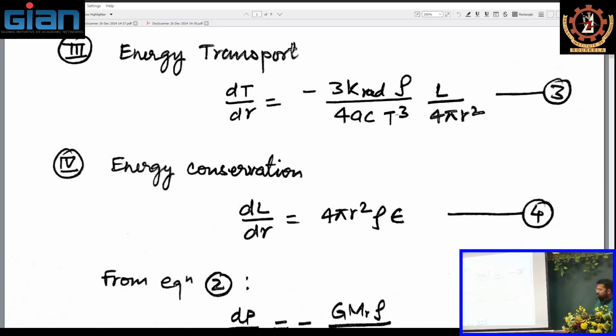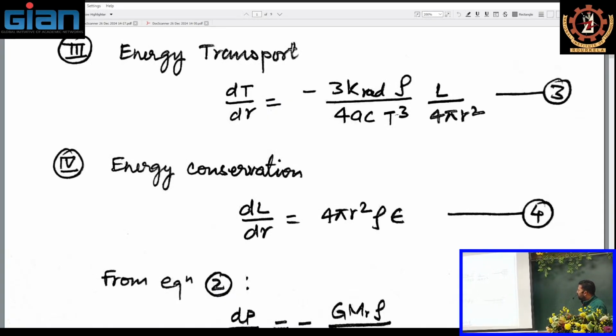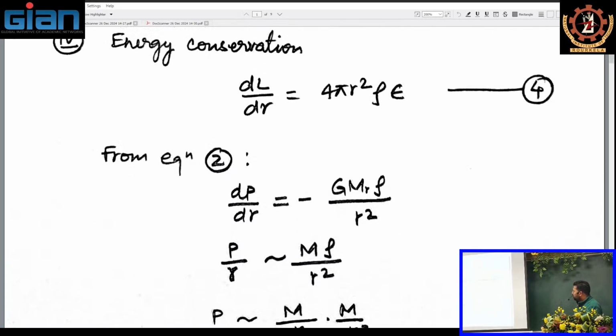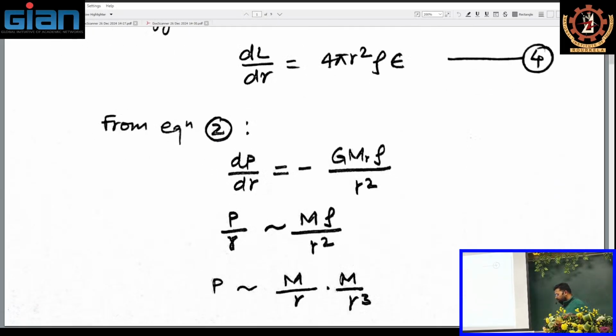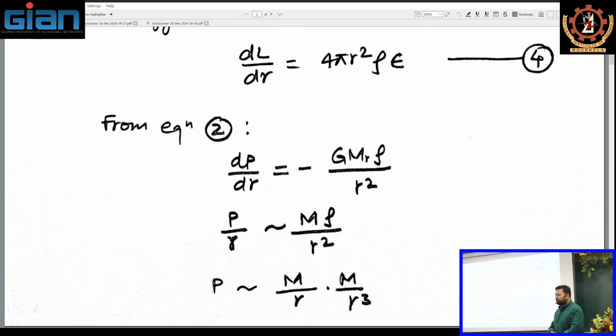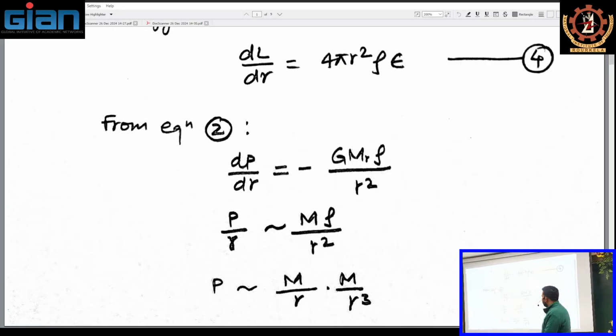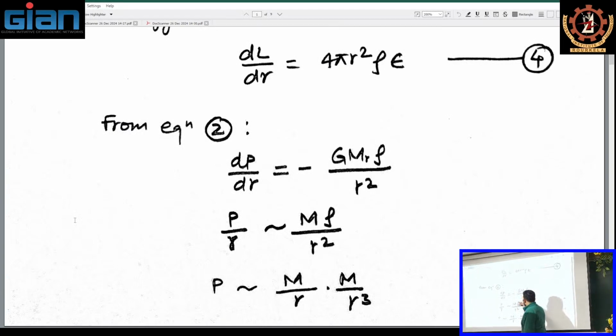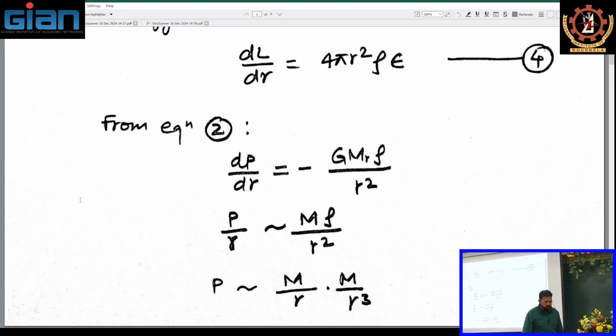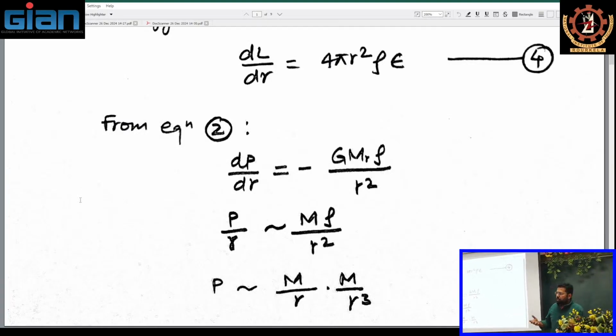So now, in order to derive the mass luminosity relation for the stars, we simply assume that the star is in hydrostatic equilibrium. So we write the pressure gradient in an approximate way: dp by dr as P by r, and this is proportional to mass times rho divided by r square. Obviously, the capital G is the universal constant, so you can forget about it in order to find the relation between these quantities.